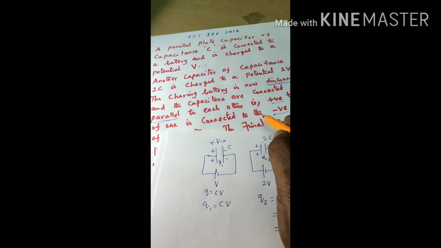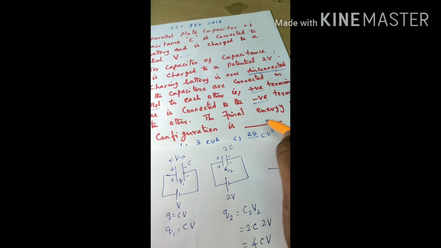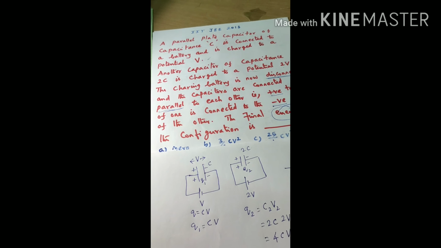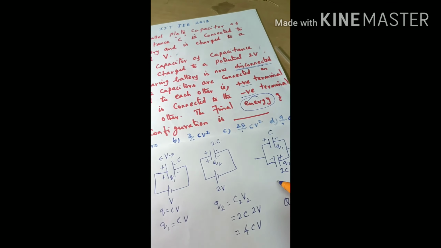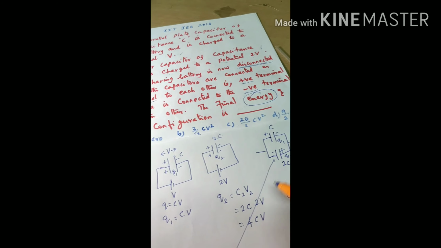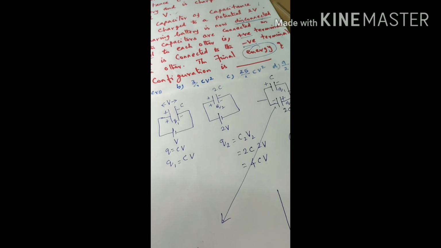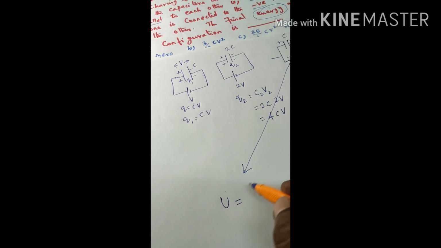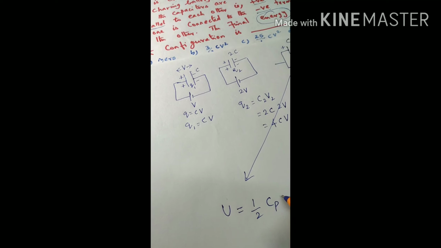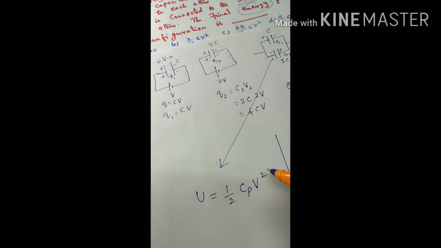Then what did they ask here? The final energy, the energy stored in the system, in the combination. U is equal to 1 by 2 C parallel V square.